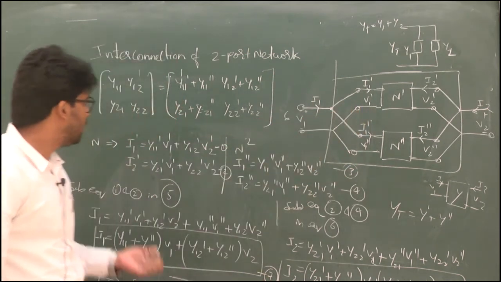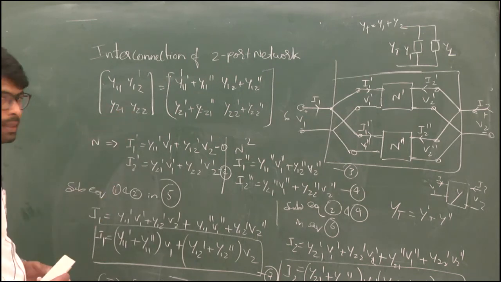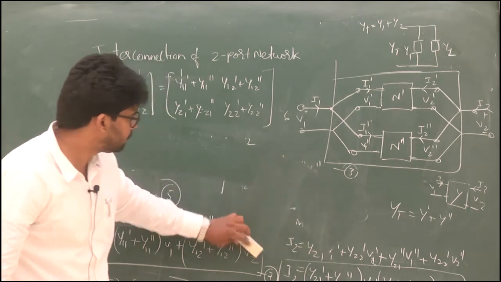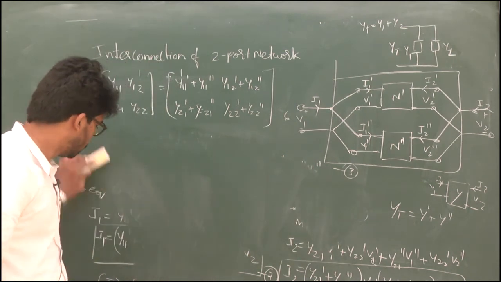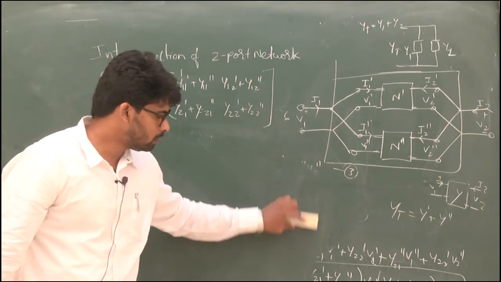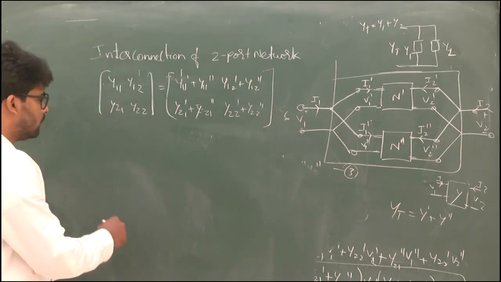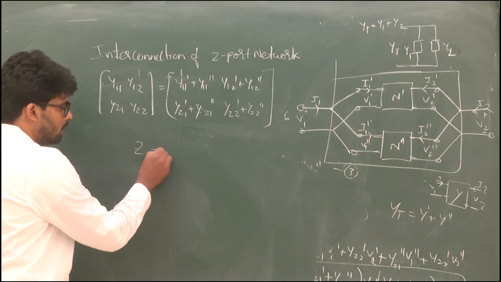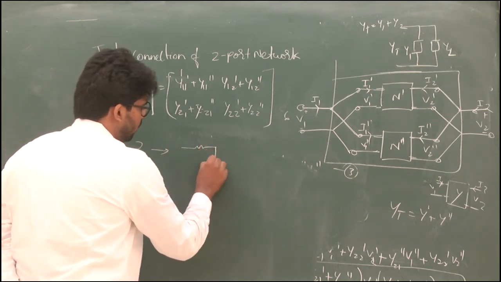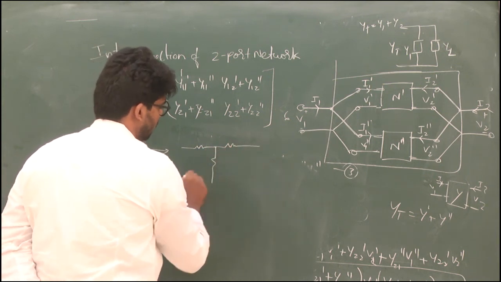Okay. So in these Y parameters, questions will be asked in different forms. For finding the Z parameters, what do you do? You convert every circuit into a T circuit.